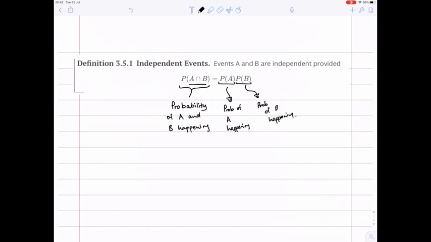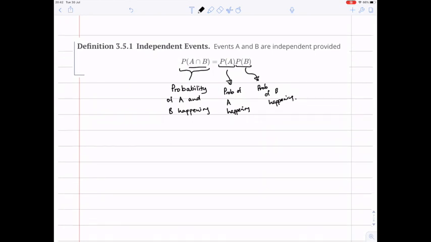But you might be feeling a little bit suspicious, because last week we said that the probability of A intersection B was given by the probability of A times the probability of B conditional on A. So you might be thinking, what's going on? Which of these is it?